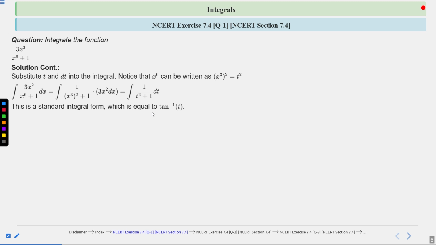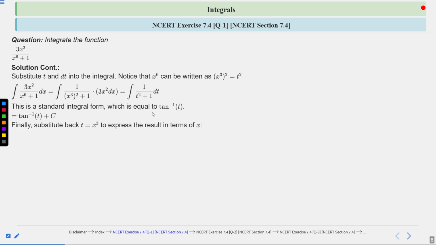This is a standard integral form which is equal to tan inverse t, so it will be equal to tan inverse t plus c.